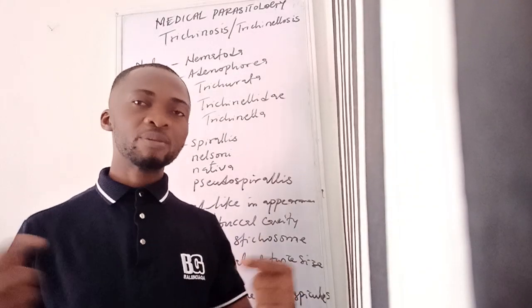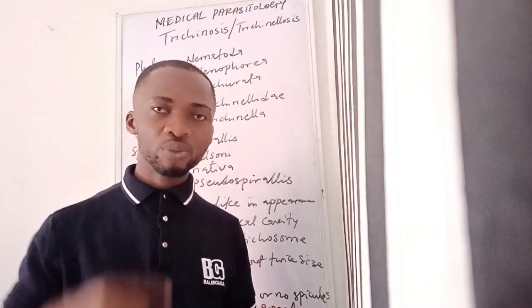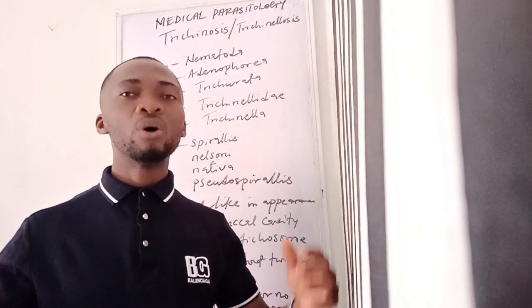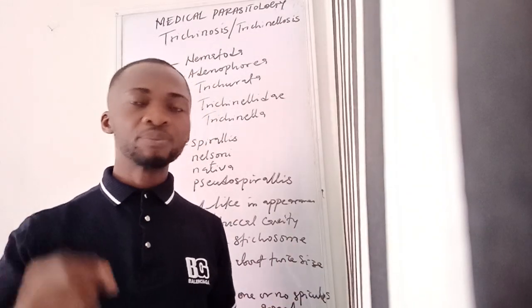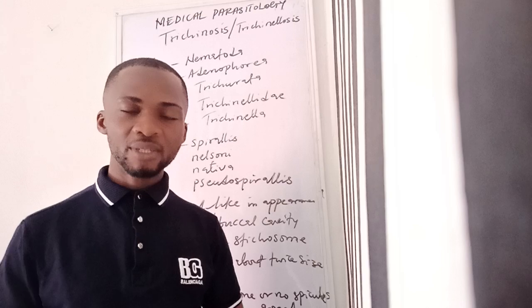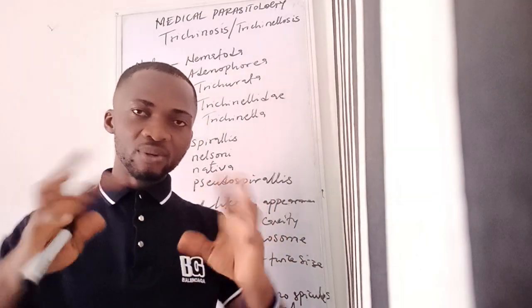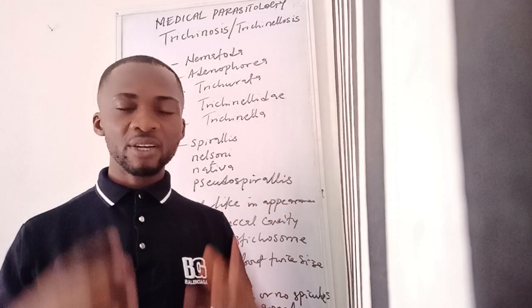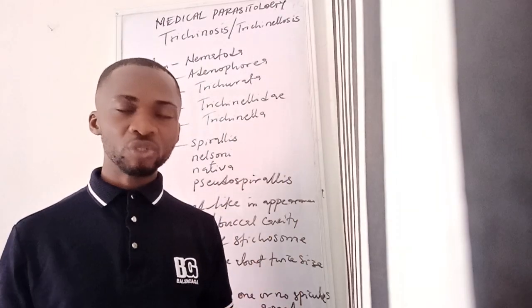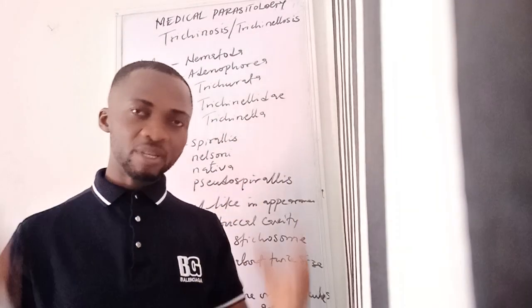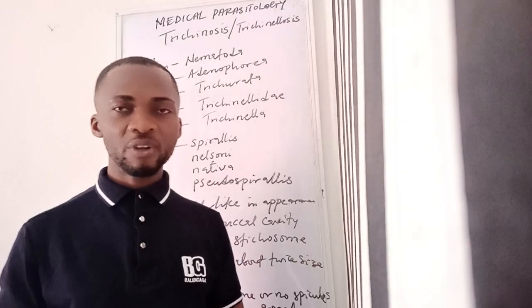So the life cycle of this parasite begins by the ingestion of raw or undercooked meat containing the larva of this parasite. The larva is usually situated within the muscle cells, which provide good conditions for proper development and growth of the parasite.